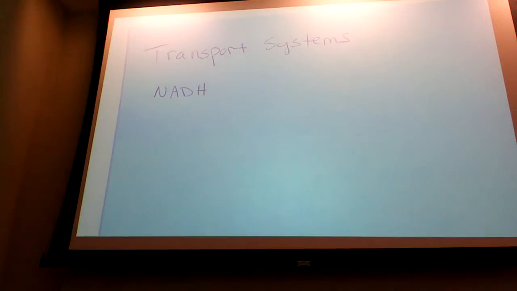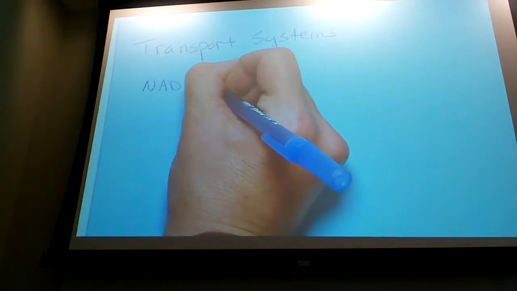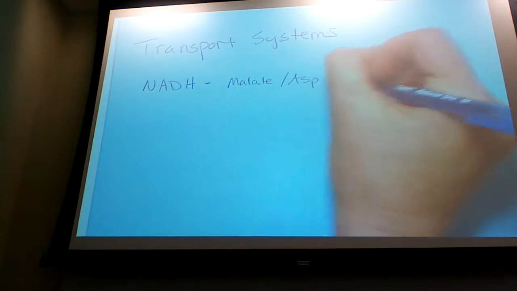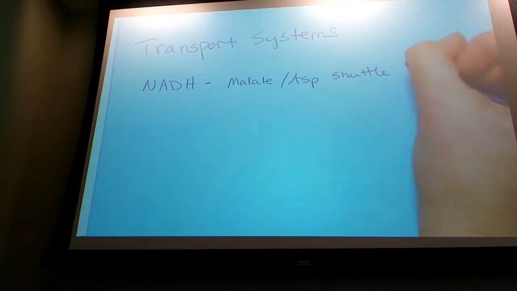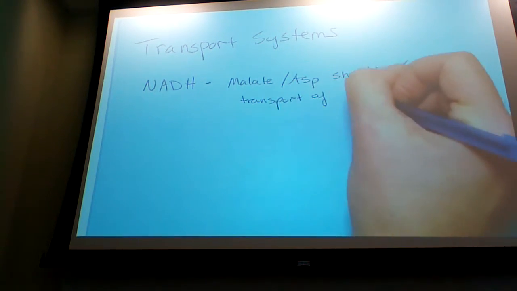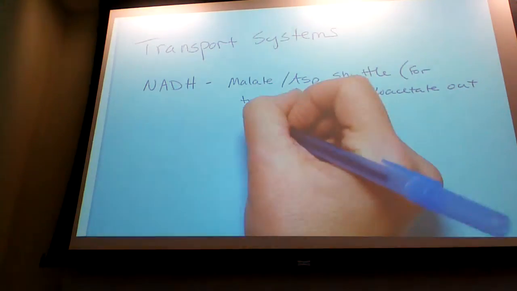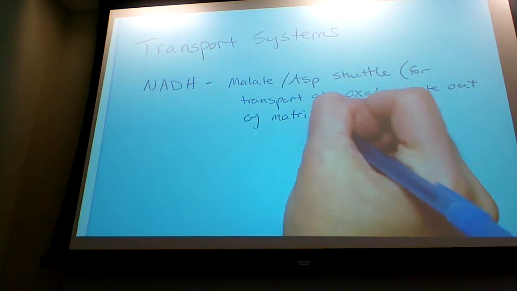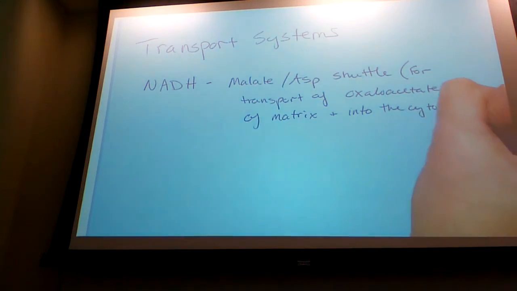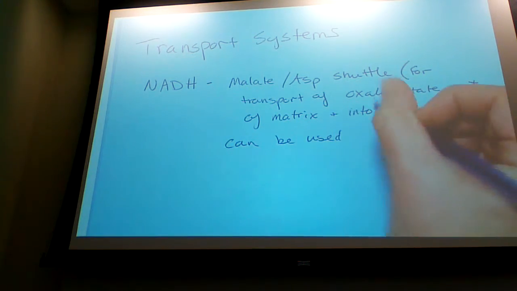There's a shuttle, the malate aspartate shuttle, and remember this is for transport of oxaloacetate out of the matrix and into the cytosol. It can be used to transport NADH.